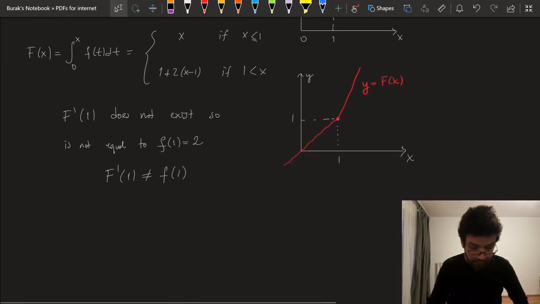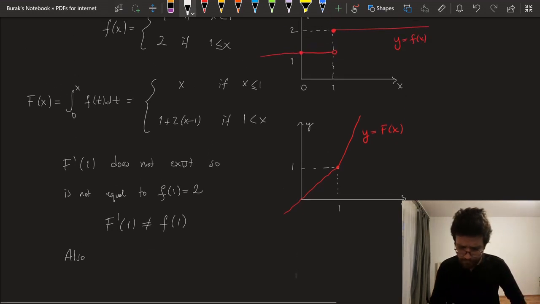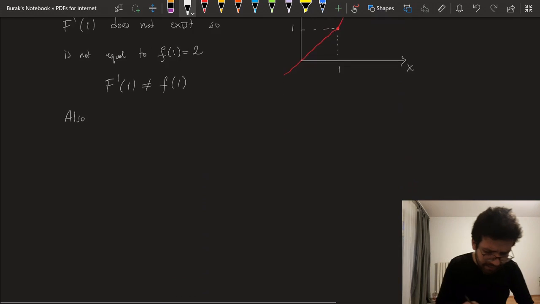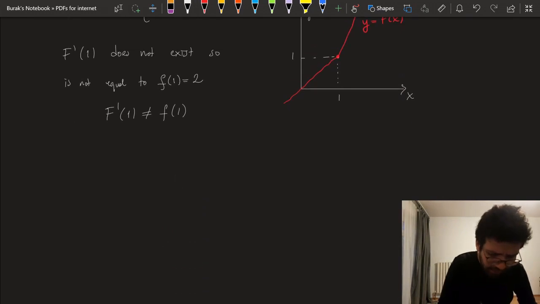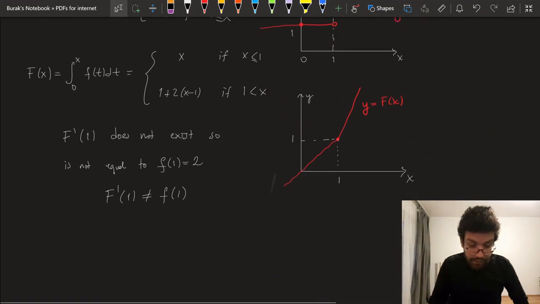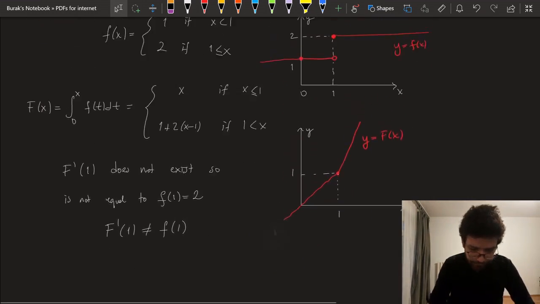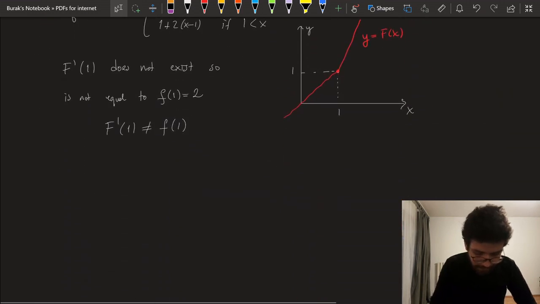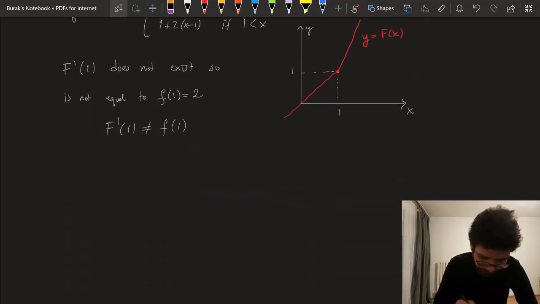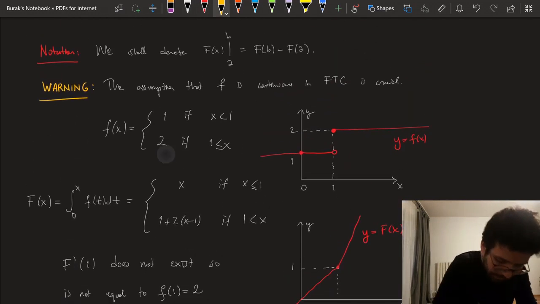Also, here's another example which tells you that you also can't apply the second part. So this was for the first part. Maybe I should just put a bullet point here.